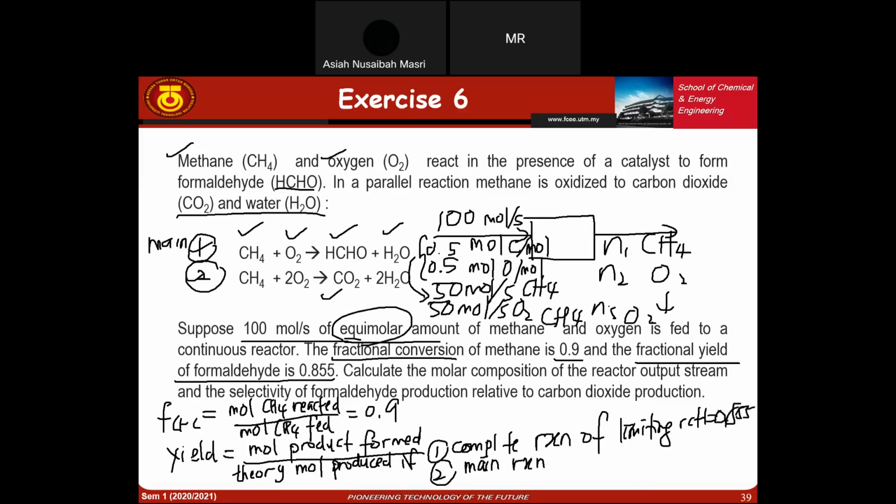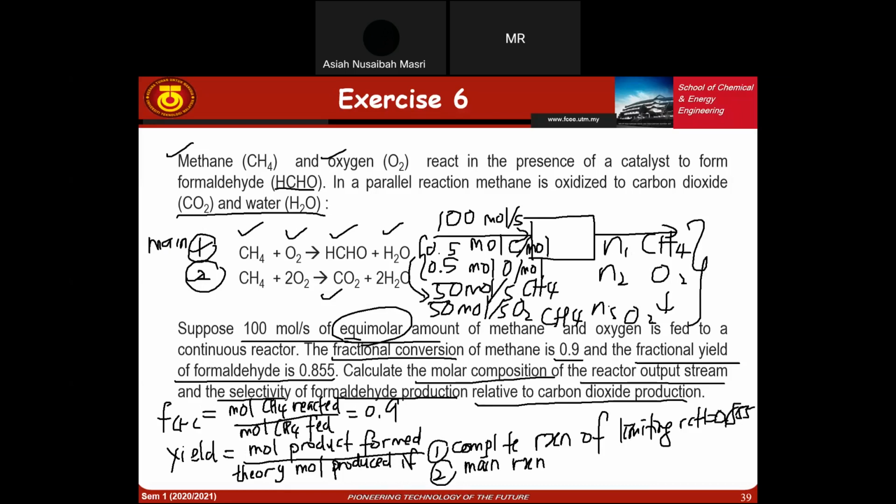Okay. Now the question. The question asks, calculate the molar composition of the reactor output stream. So they want N1 up until N5. And then second question, what is the selectivity of formaldehyde production relative to carbon dioxide production?